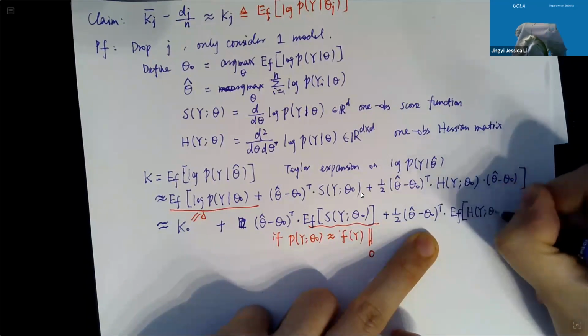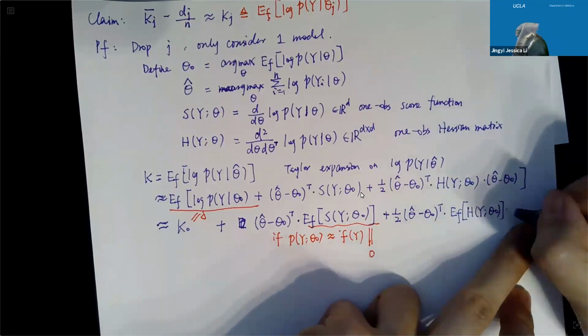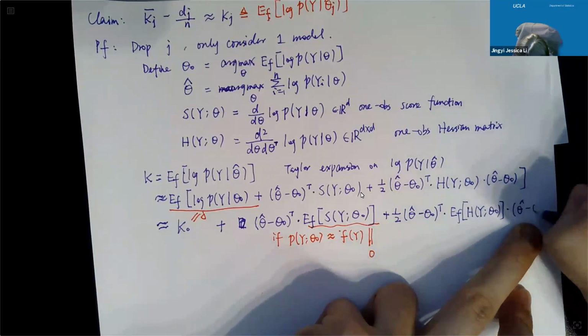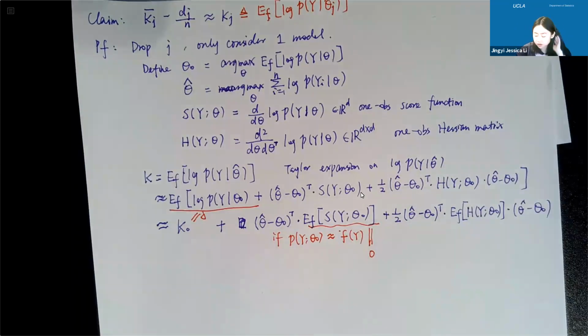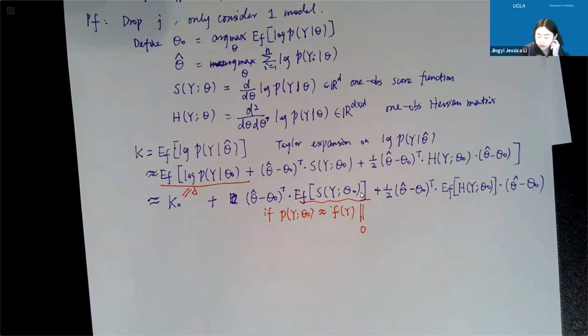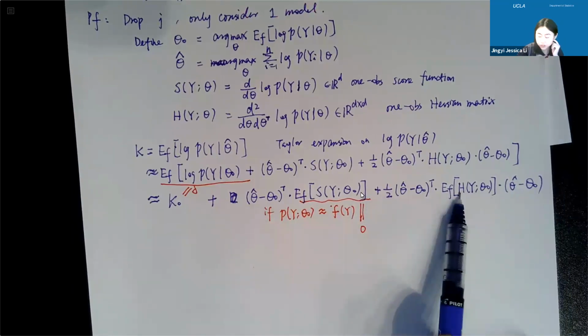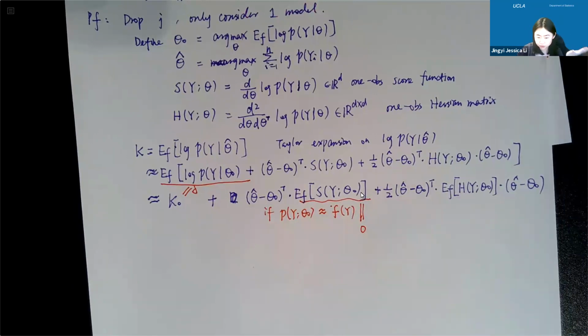And don't forget that the expectation is with respect to y. And lastly, this. So now we are going to introduce another notation, which is the expectation of the Hessian. If you recall, if this Py at theta zero is the true density equal to f, then this expectation of the Hessian is just the negative Fisher information. That's the thing we introduced before.